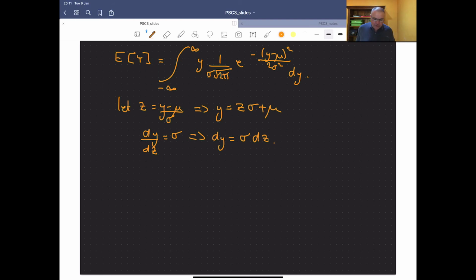The third thing we have to do is change the endpoints of our integration, but that's not a problem. If y equals infinity, infinity minus mu over sigma is still infinity. And if y equals minus infinity, then z is still minus infinity. So putting that all together, our new integration goes from minus infinity to infinity.